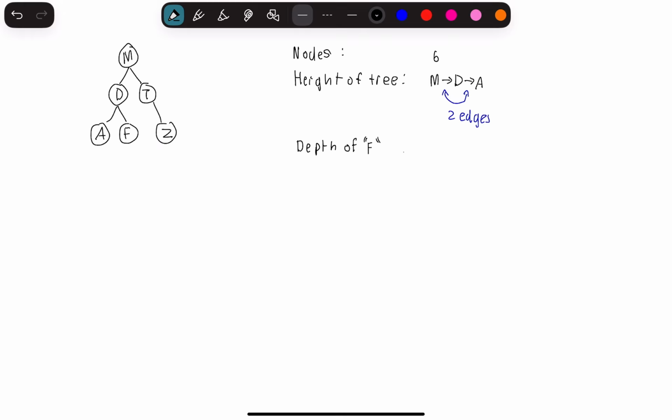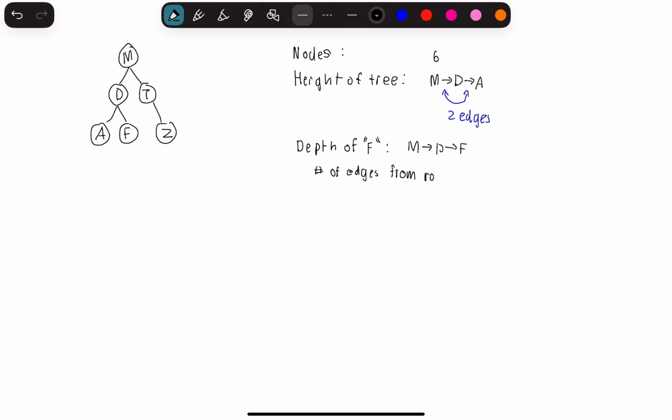Now we want to find the depth of F. In order to do this, we can look at the path that we take in order to get to F. So we have M to D to F, and our depth is the number of edges from the root.